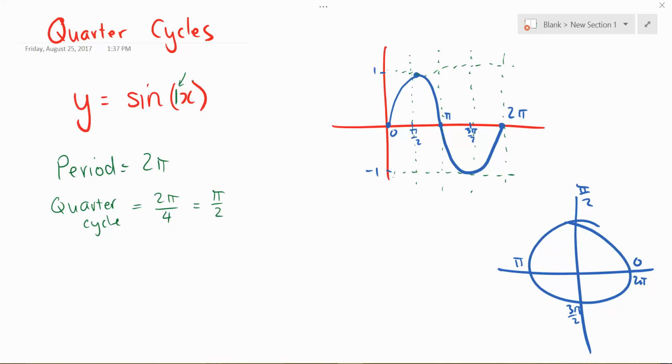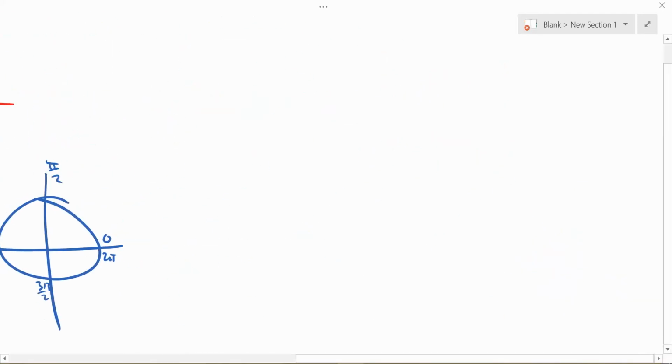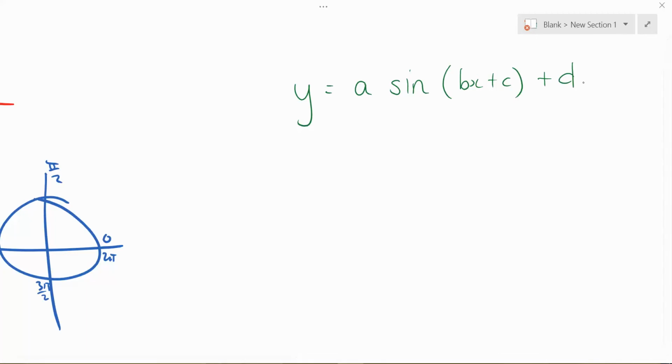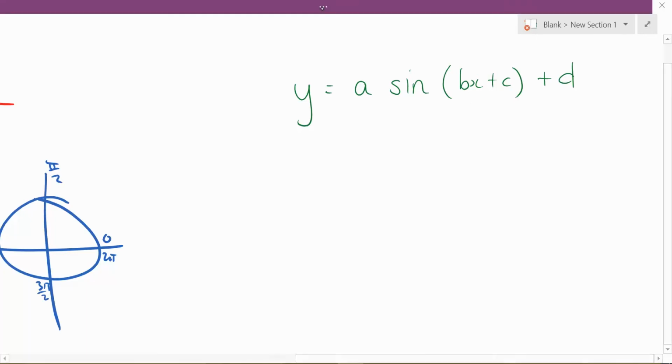Okay? Now let's revise our functions. So we've got y equals a sin(bx plus c) plus d, the general function I gave you. All of this still is the same. Bx plus c tells you if it moves left or right. Okay? So I'm going to write it here again just to remind you all.